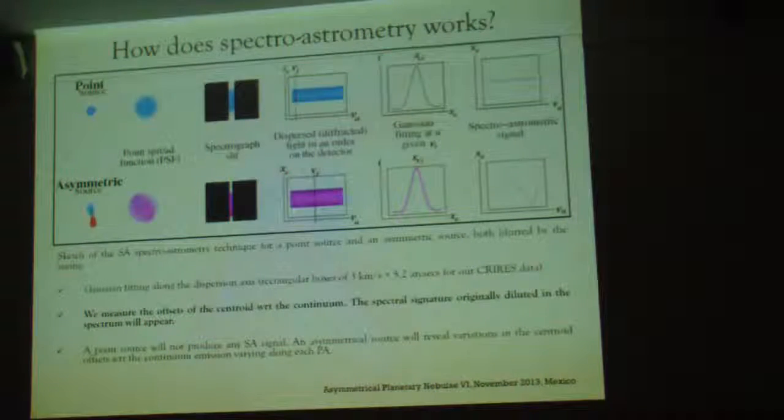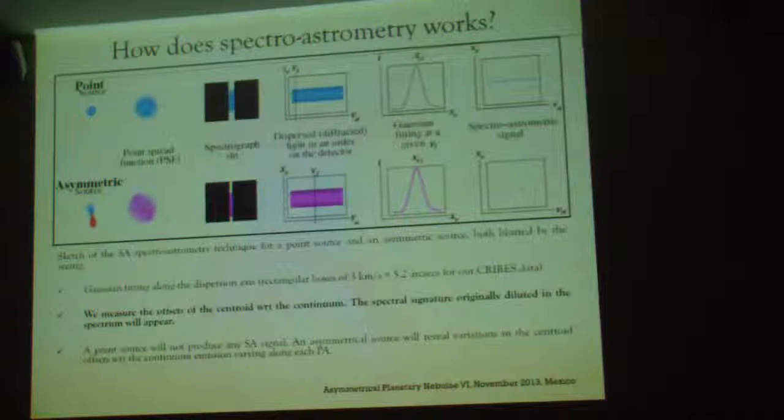We put the slit, and if we orient it along the major axis of symmetry, we will have the dispersed spectrum, and that's all that we need to start to work. The spectroscopic signatures will be diluted or smeared, but we will perform a Gaussian fitting along the spatial axis, covering the whole wavelength range of interest, and we will find the centroid of this emission, which is plotted here.